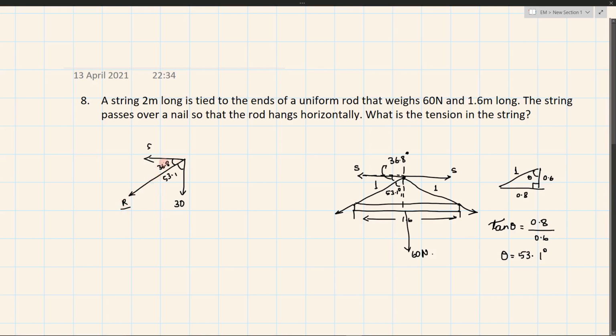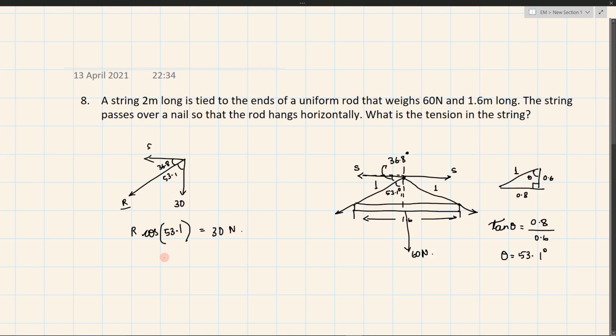To do that, if I resolve this, that is r cos of 53.1 would be equal to 30 Newton.